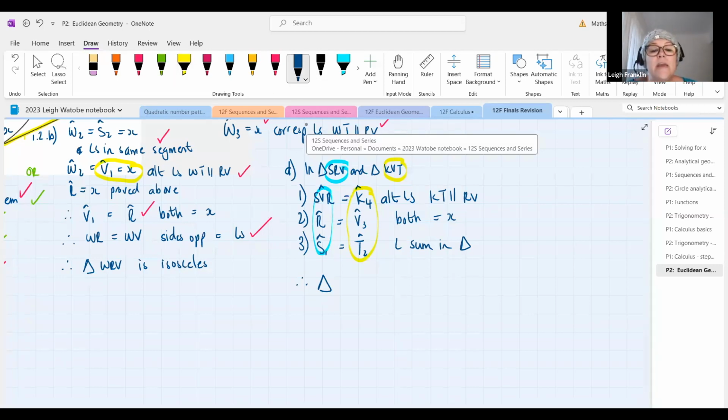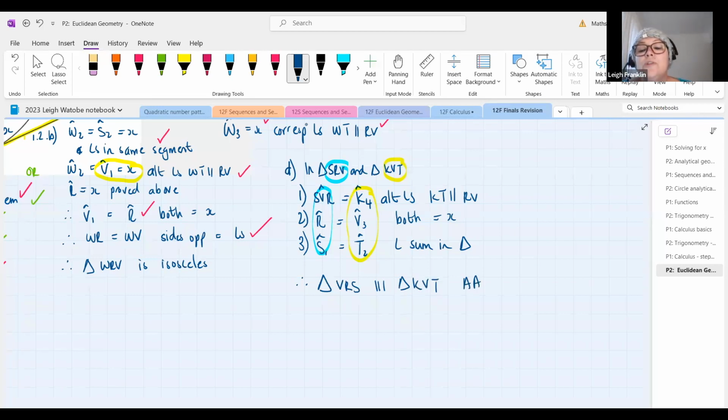So triangle V, R, S is similar to triangle K, V, T. Did your teacher show you that as well? I do that with my matrics every year. So now we've got the order correct. We know that we need to get this order correct because our next statement, the corresponding sides in proportion, is based off of that.